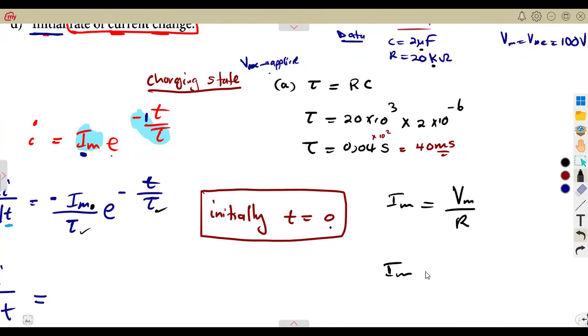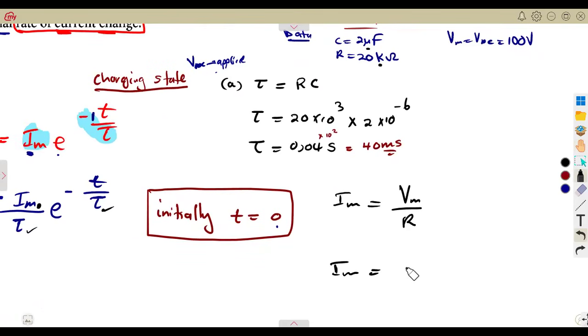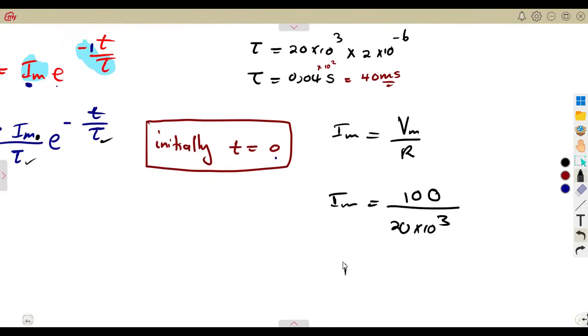Im is equal to Vm, which is 100 volts, over the resistance value 20 kilo ohm, 20 times 10 to the exponent of 3. So that was going to give us Im, which is going to be 0.005 amperes.